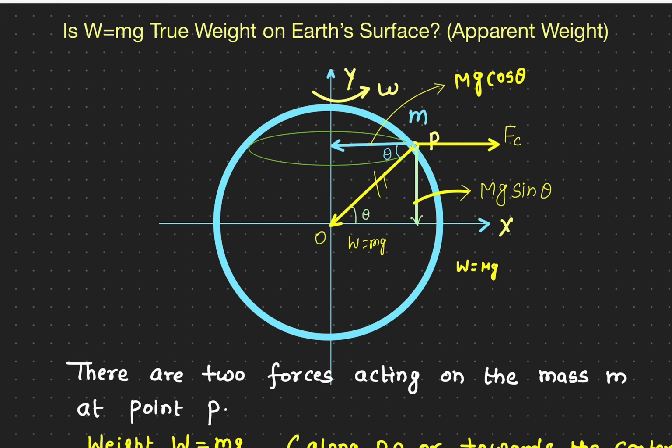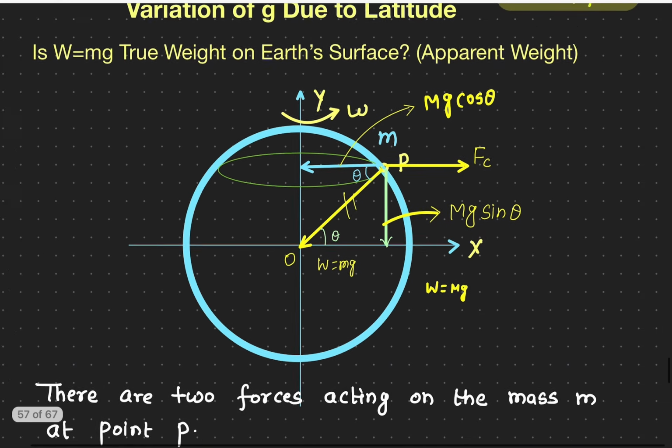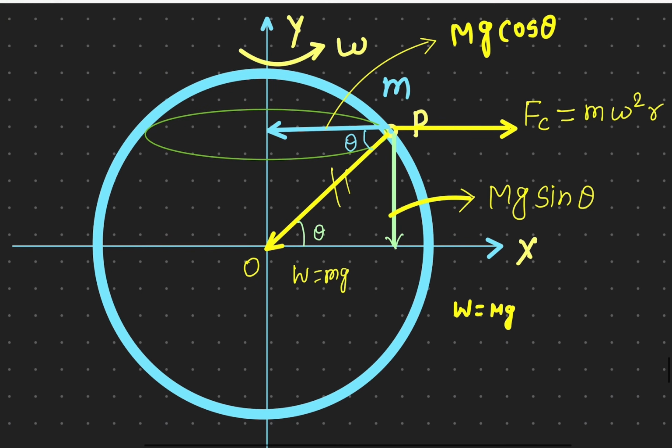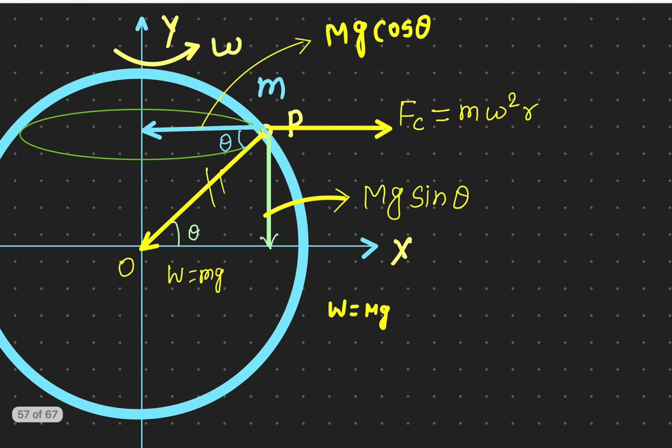The next thing is, what is the equation for the centrifugal force? I will write it down here. The formula for the centrifugal force is m omega square r, and this r is the radius of the circle in which this point P moves. And what is the radius? We already have calculated. This would be m omega square r cosine theta.